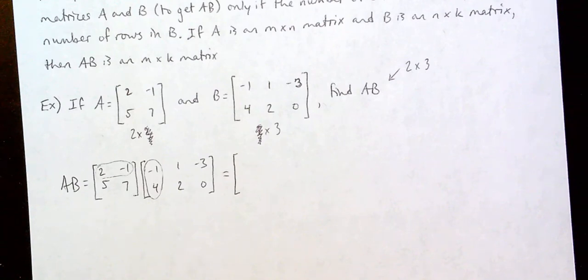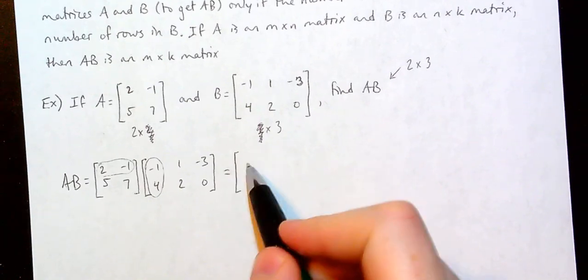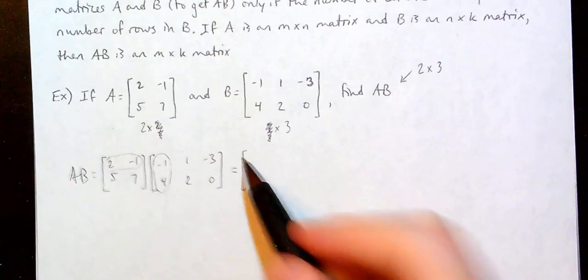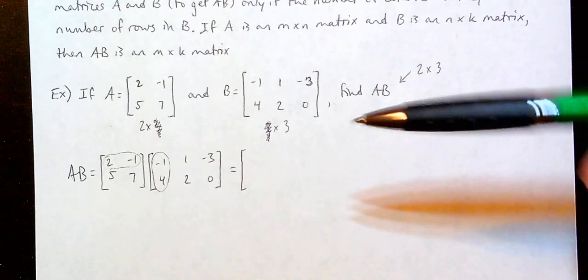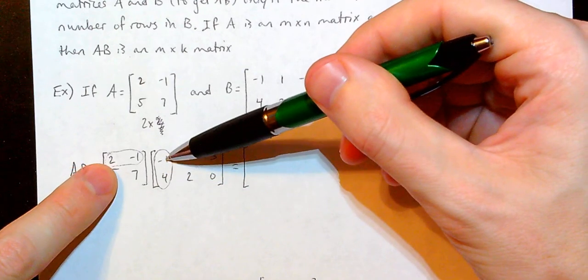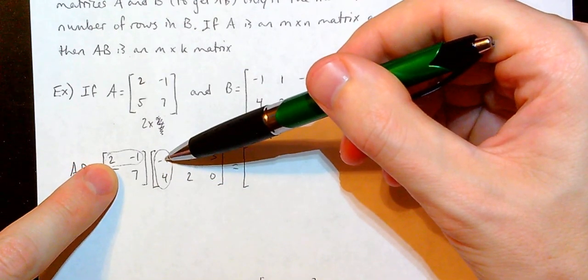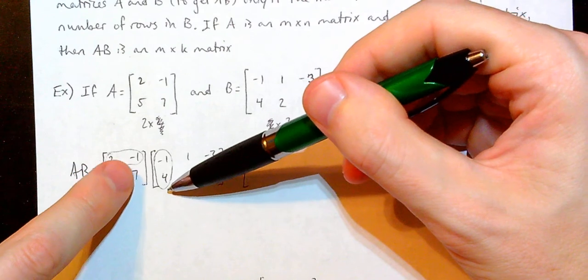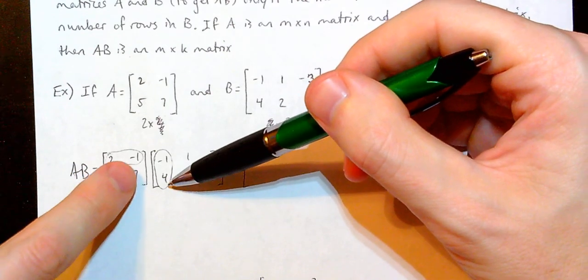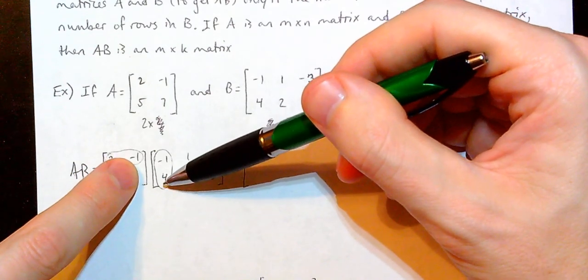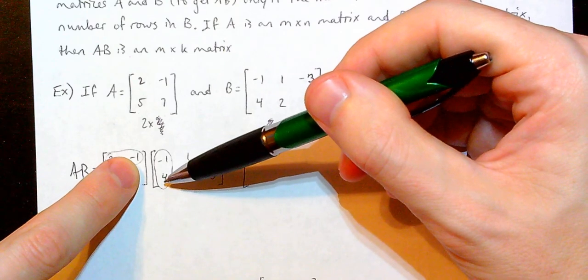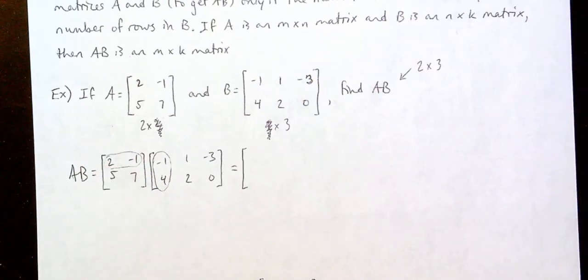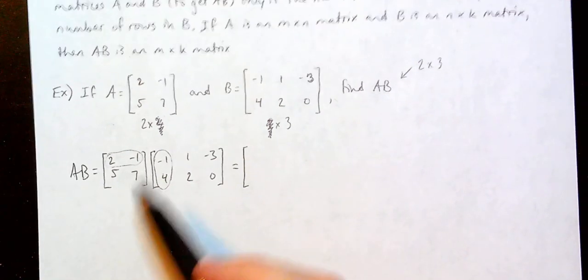What I'm going to do to get the entry in the first row, first column here is I'm going to multiply the first numbers to get some product. I'm going to multiply the second numbers to get some product. And then I'm going to add those products up. This is also known as a linear combination of these values.